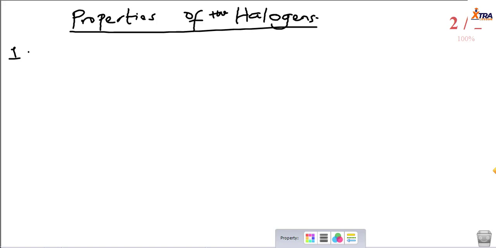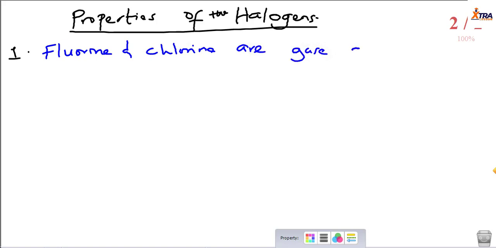What is the state of matter? Fluorine and chlorine are gases at room temperature. What about bromine? Bromine is liquid at room temperature.